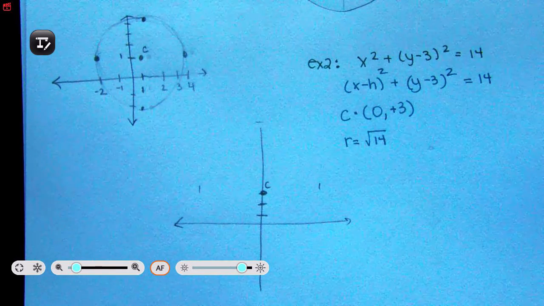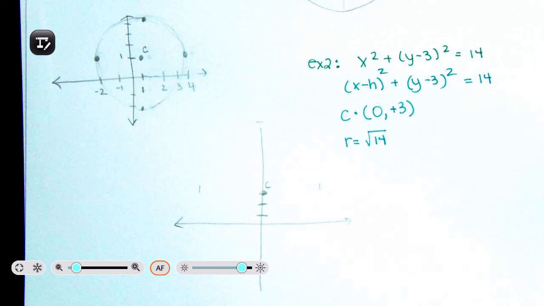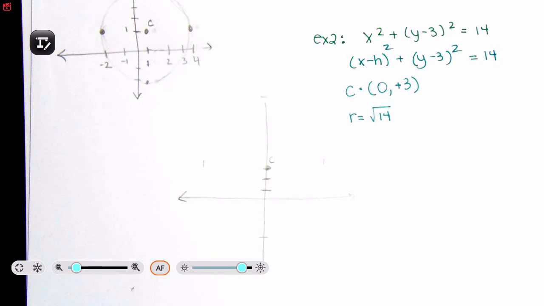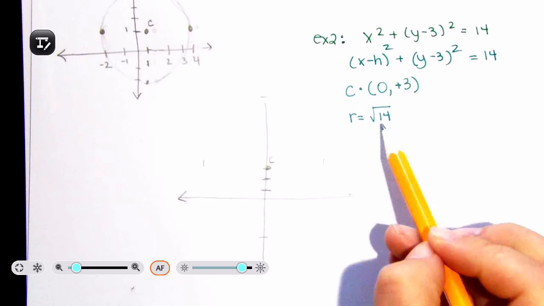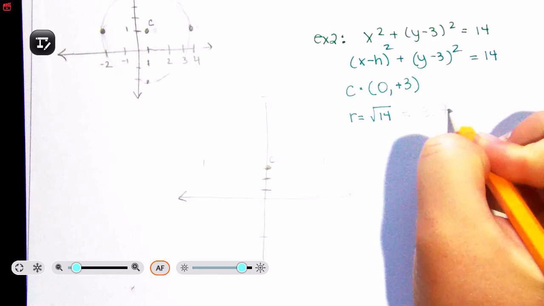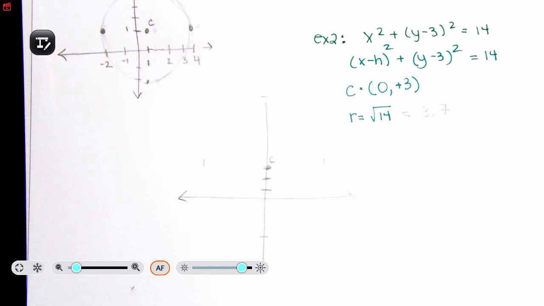Ooh, looks like our light just went down. Much better. I apologize for how long you guys were unable to see my work. Okay, so we're going to find the distance of root 14 quickly on the calculator. That is equal to 3.7. So let me double check that because I'm going off of something else.